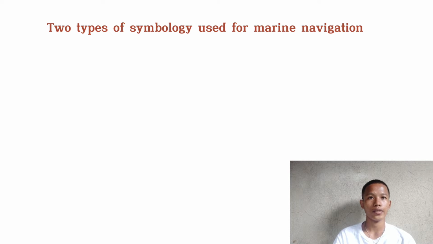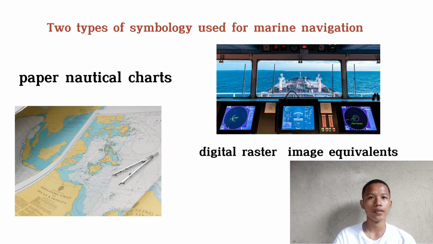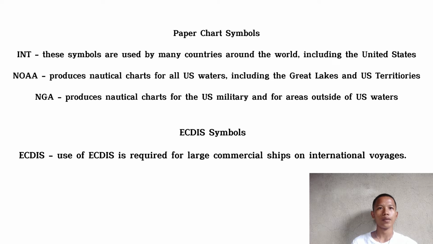In this chart, there are two types of symbology used for marine navigation: paper nautical charts and their digital raster image equivalents. Based on the two types, there are four separate symbology sets shown. For the paper chart symbols, there is INT, the symbol used by many countries.